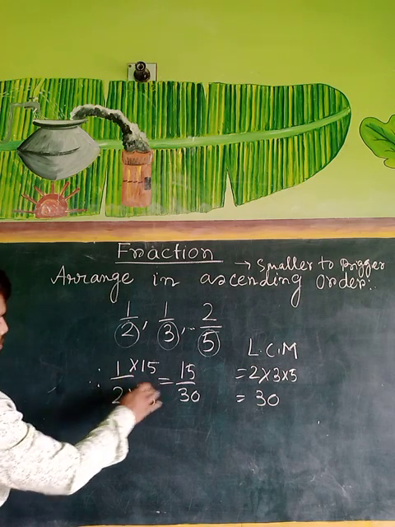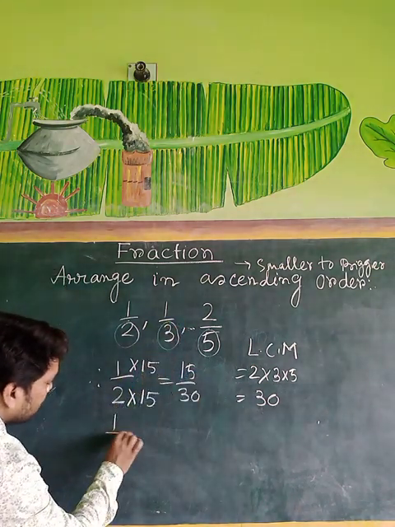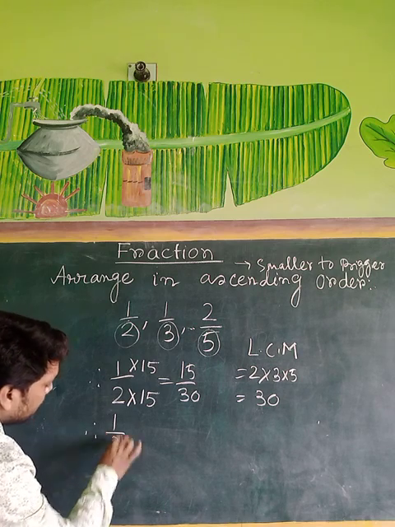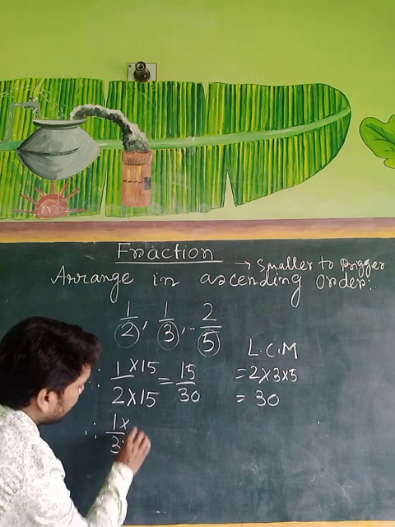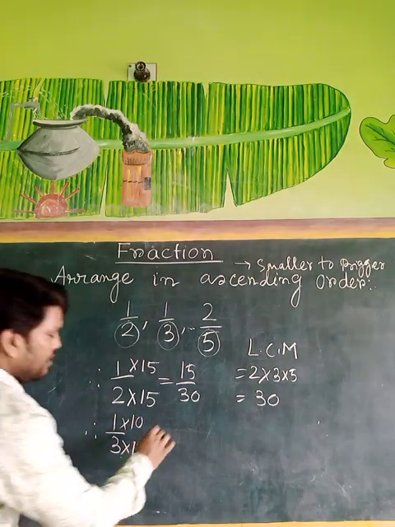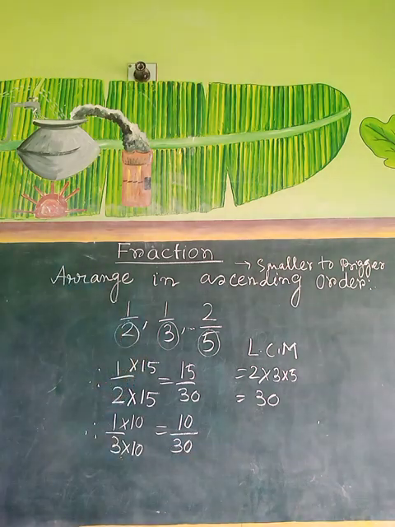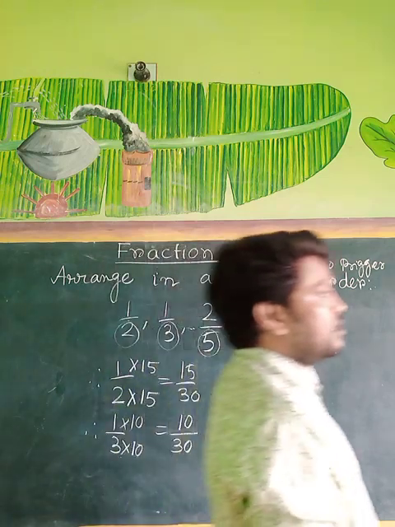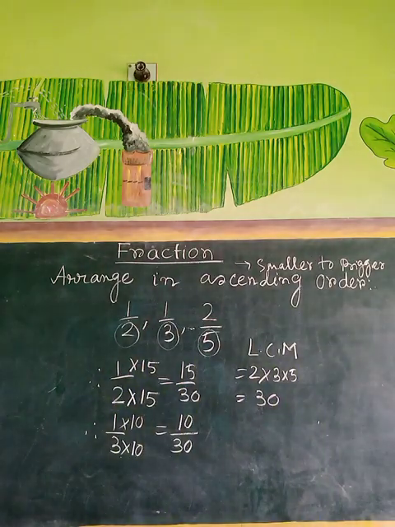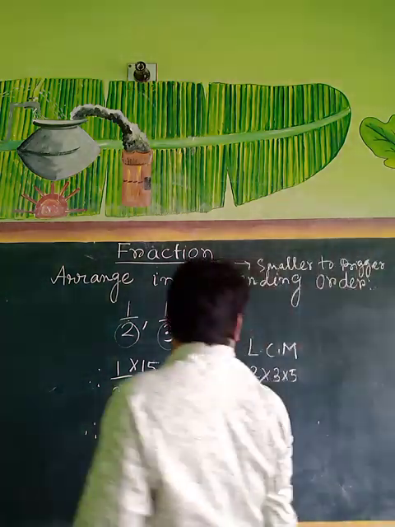It was half. It is converted into 15 by 30. Next, 1/3. Now convert into denominator 30. So multiply by 10, and also multiply the numerator by 10. 10 divided by 30. Okay. So it is also converted into a like fraction.